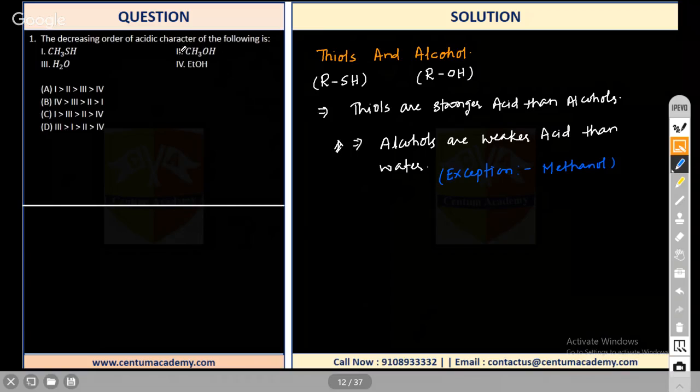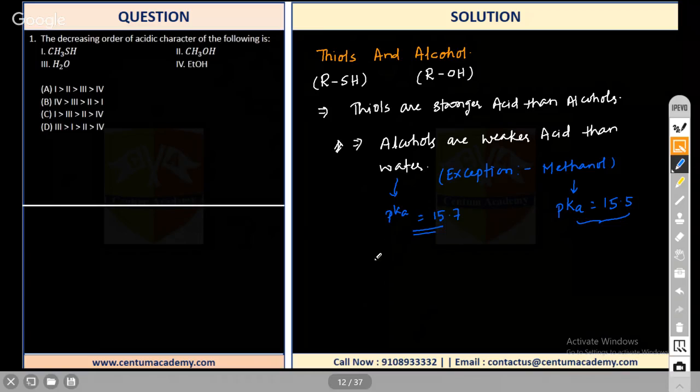For methanol, the pKa value is 15.5, and on this basis only we are saying this. For water, the pKa value is slightly higher, 15.7. The difference is not that much. And we know as pKa value increases, acidity decreases.